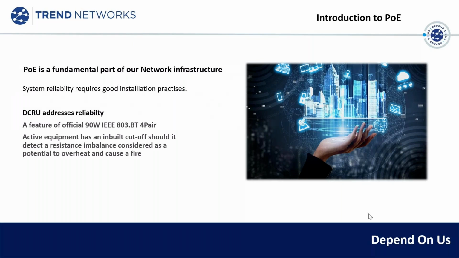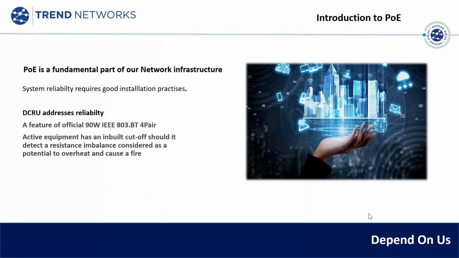So should it detect a resistance imbalance considered a potential to overheat and cause fire, it cuts out. So the idea is to protect the equipment as we're adding more power down that line. So that's the big difference here. And this is why DCRU is so important.